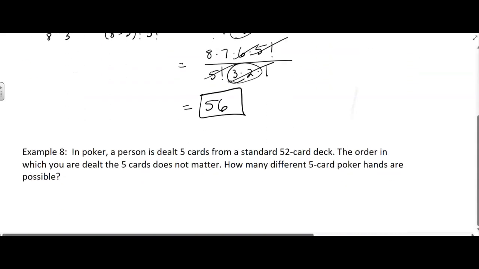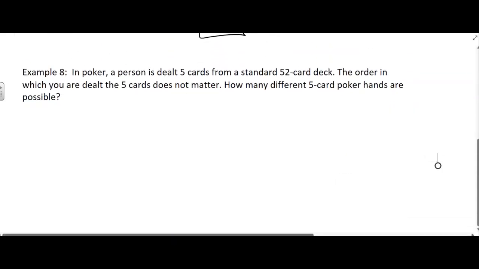Okay, that's that example. In poker, a person is dealt 5 cards from a standard 52 card deck. Now, a lot of probability problems actually have to do with a deck of cards. And usually they have a standard deck of cards. If you don't know anything about cards, it might be helpful to know a little bit. The standard deck has 52 cards, and there are 4 suits: clubs, diamonds, hearts, and spades.